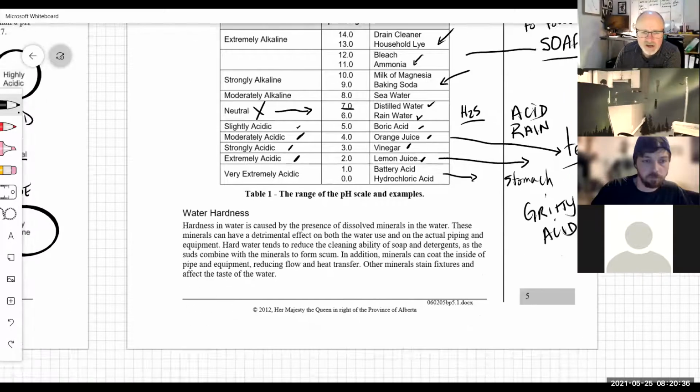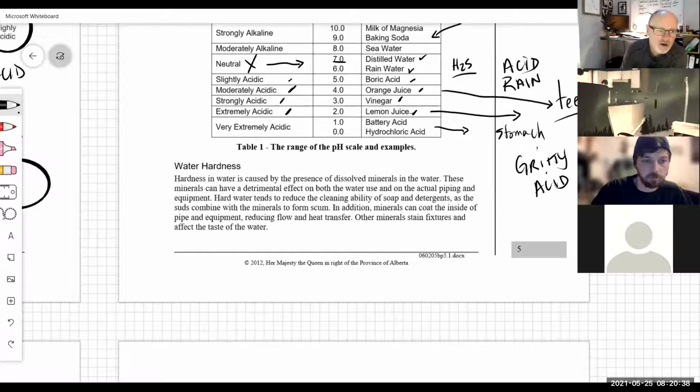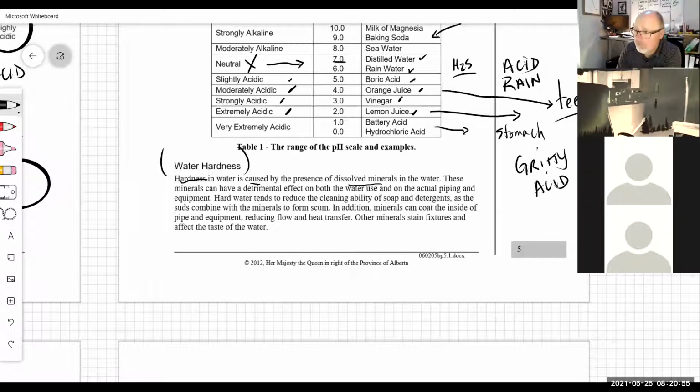Now we want to talk a little bit about water hardness. Water hardness is caused by the presence of dissolved minerals. In southern Alberta, we have very, very hard water. Does anybody know why? Calcium?